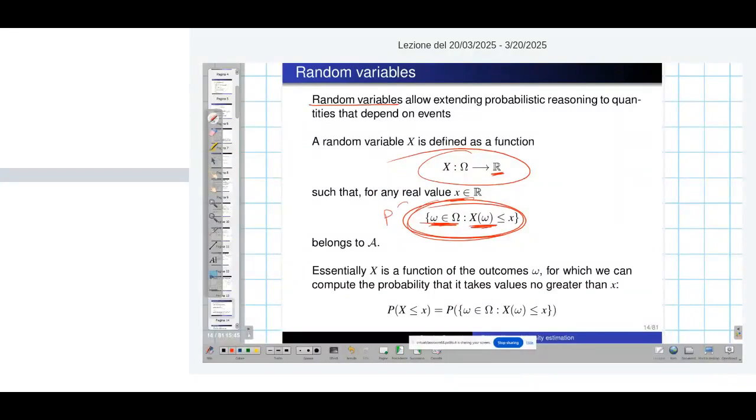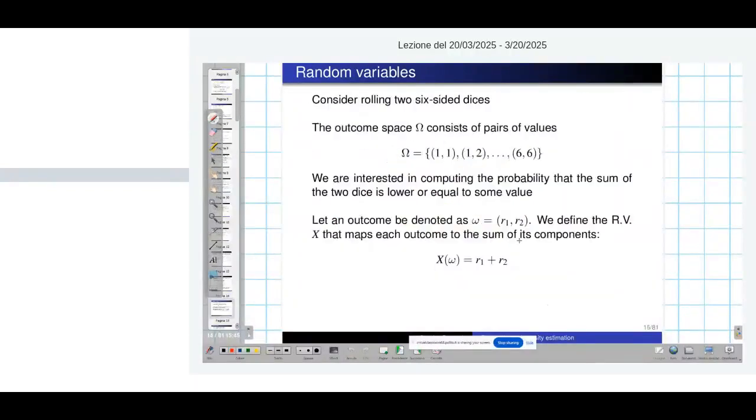So it makes sense to talk about the probability of the event obtained by assuming that the corresponding random variable is lower or equal than x.